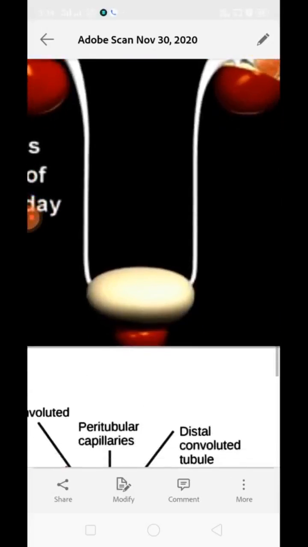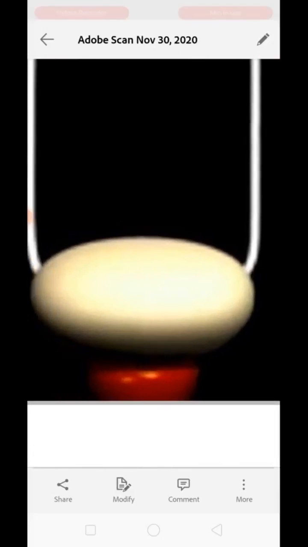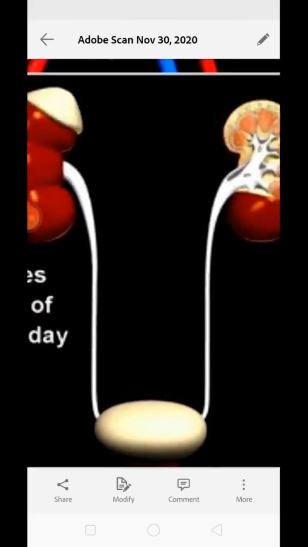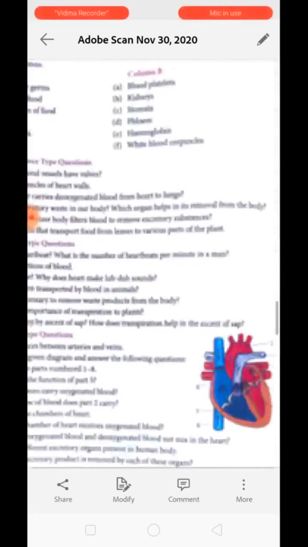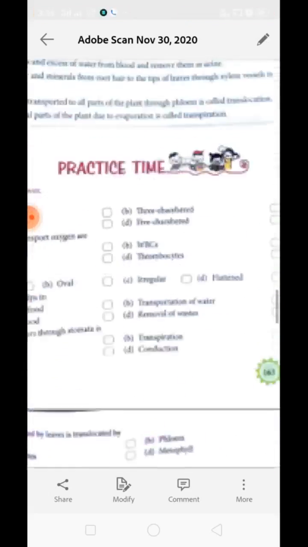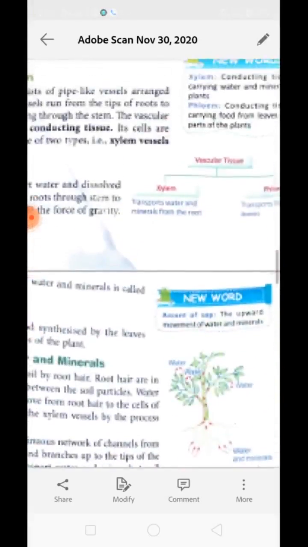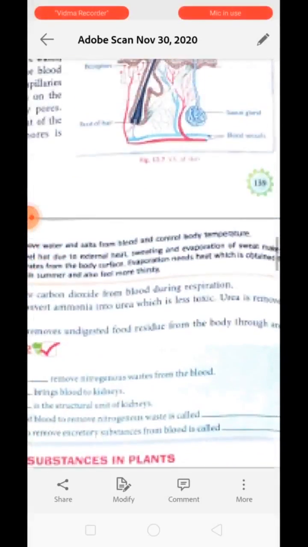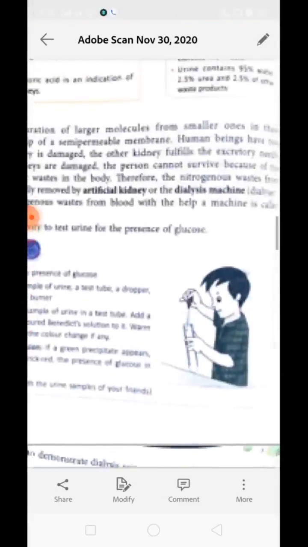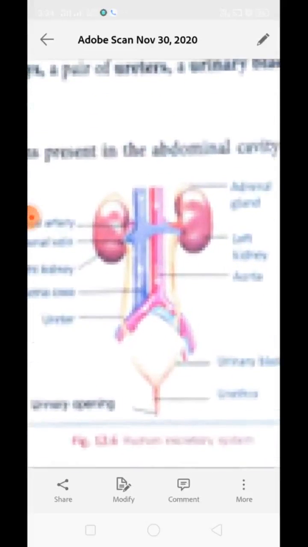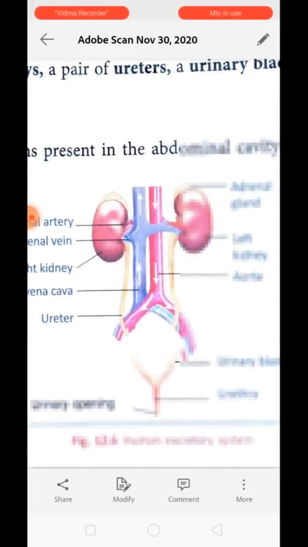When this urinary bladder gets filled with urine, it is finally disposed of by the urinary opening located at the end of the urethra. This urethra is a muscular tube which helps to remove the waste material or filtrate of the kidney.